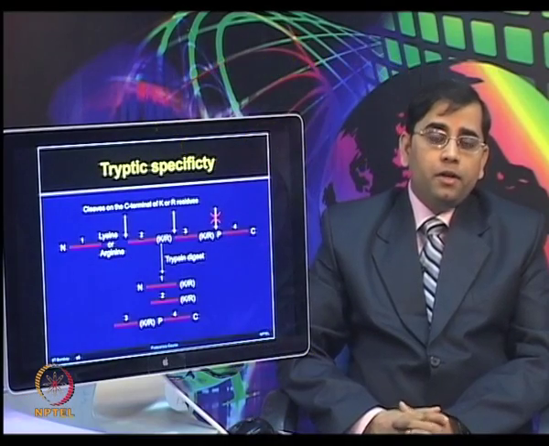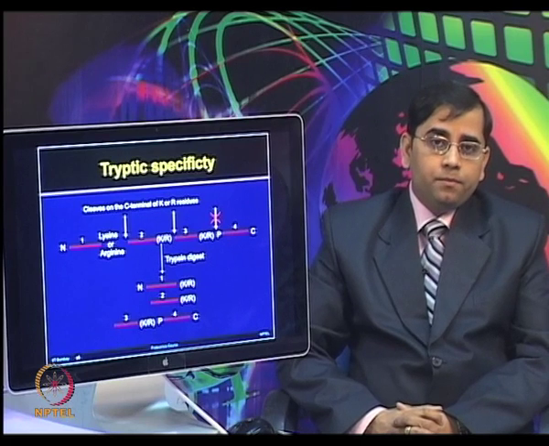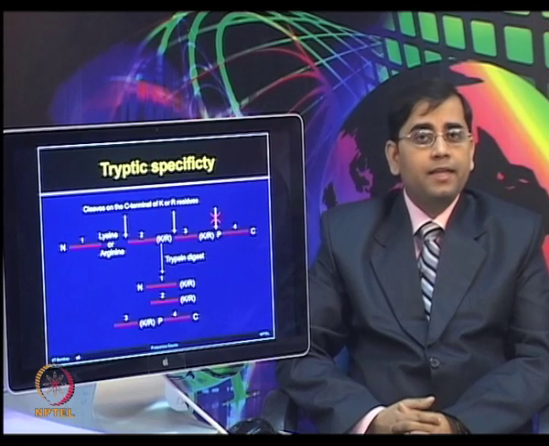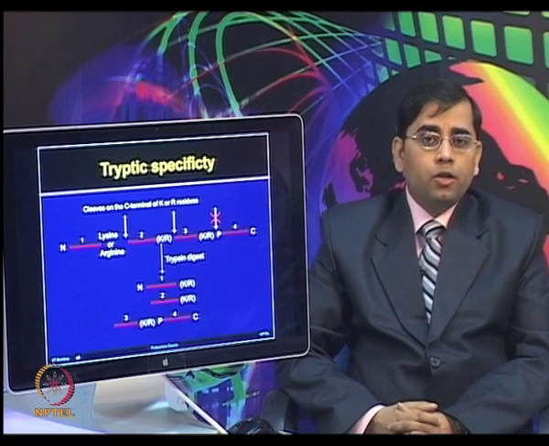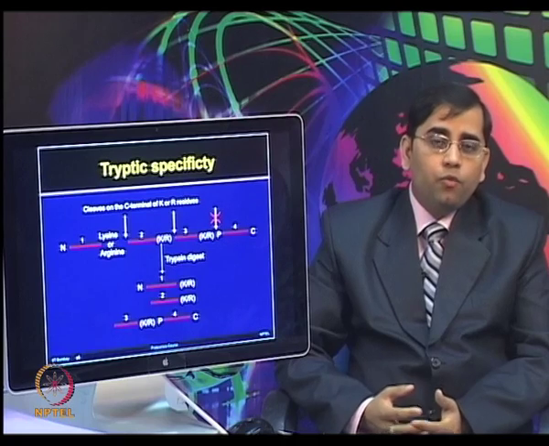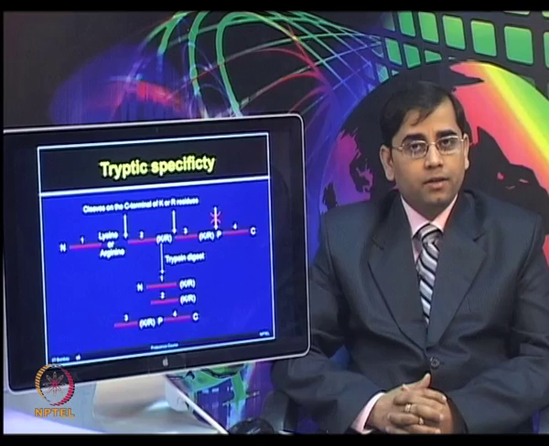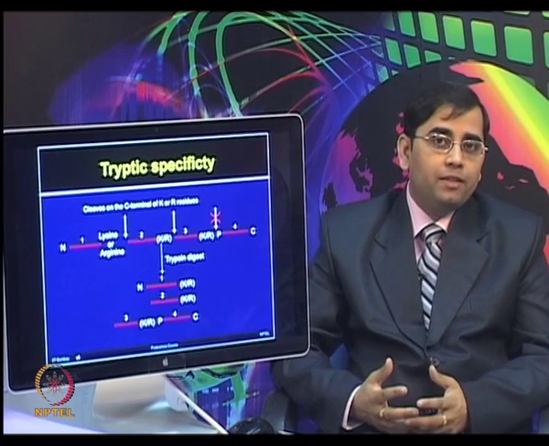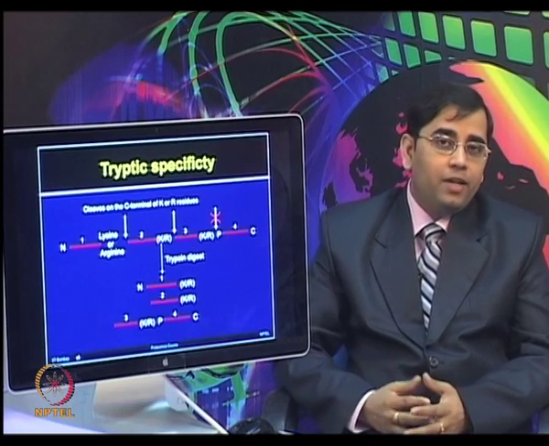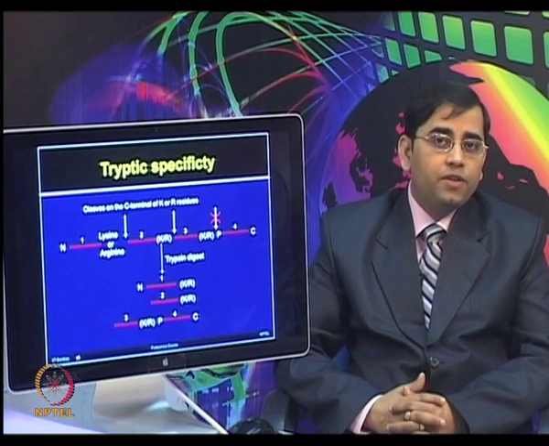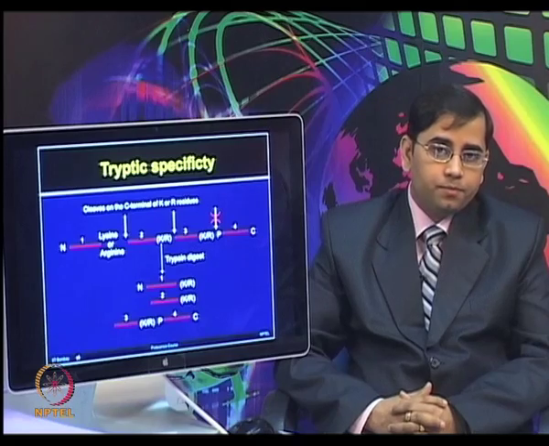Coming to the specificity of trypsin, first of all, let us discuss why we need to do the proteolytic digestion. You want to generate peptides with a molecular weight within the mass range of the mass spectrometer. You always want to simplify the process, even for very superior analytical instruments, so that you can increase the efficiency of the process.